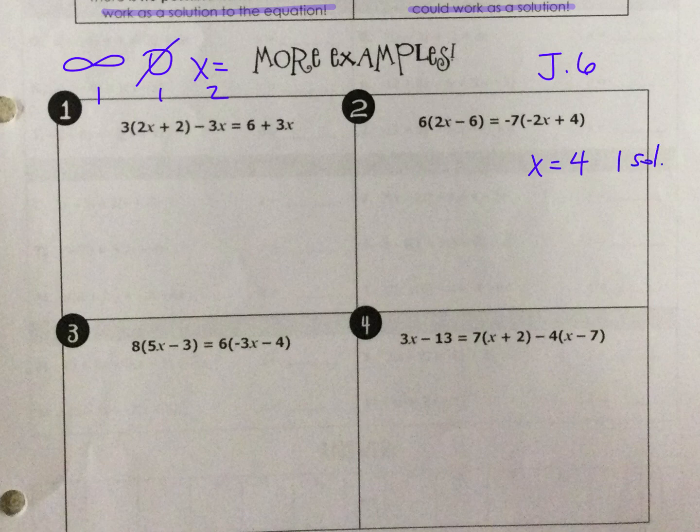If you get 4x equals 4x when you solve it, something like that, it'll be infinitely many. And if you get like 4x equals, that's a bad example, sorry. If you get negative 6 equals negative 1, it'll be no solutions, okay?